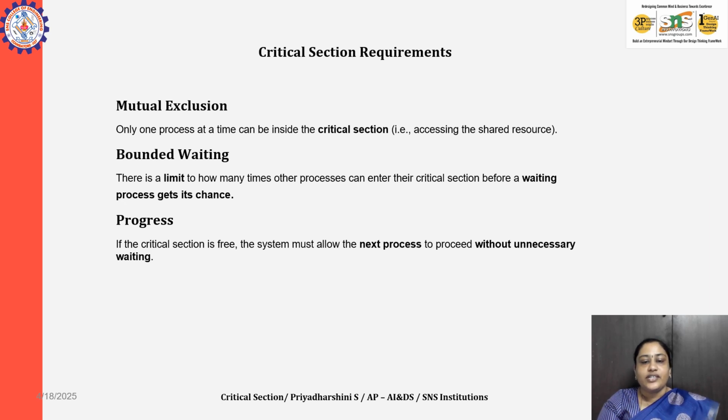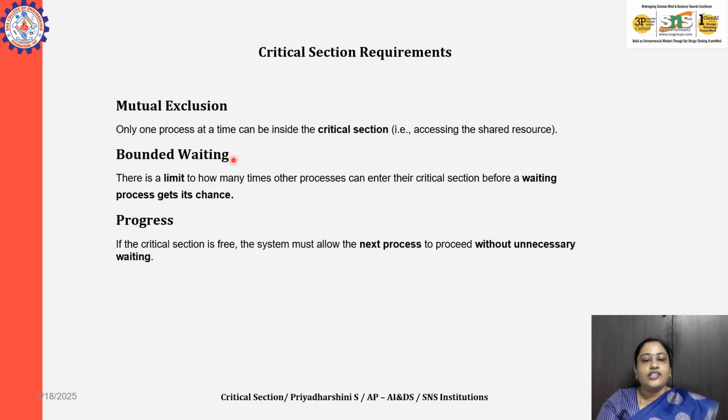Whenever the critical section is free, the system has to allow the next process to proceed without any unnecessary waiting. In the previous case, if all the siblings are outside, and one sibling needs to access the room, he has to go inside the room, or all three siblings have to make a decision about who is going to enter the room full of chocolate.